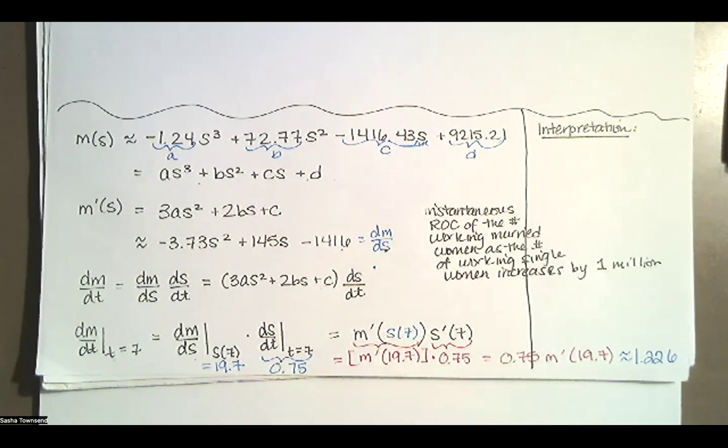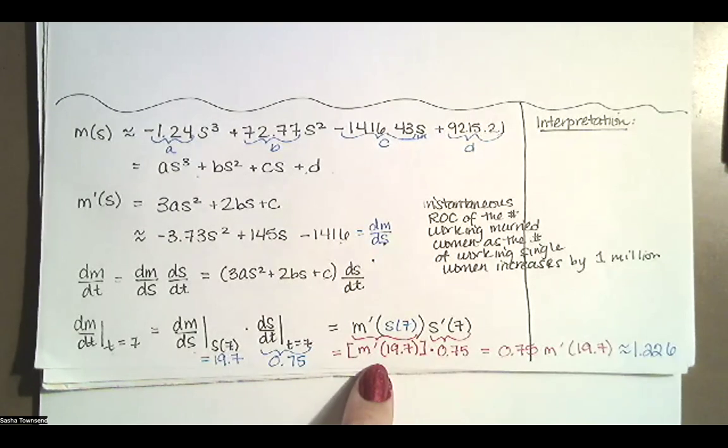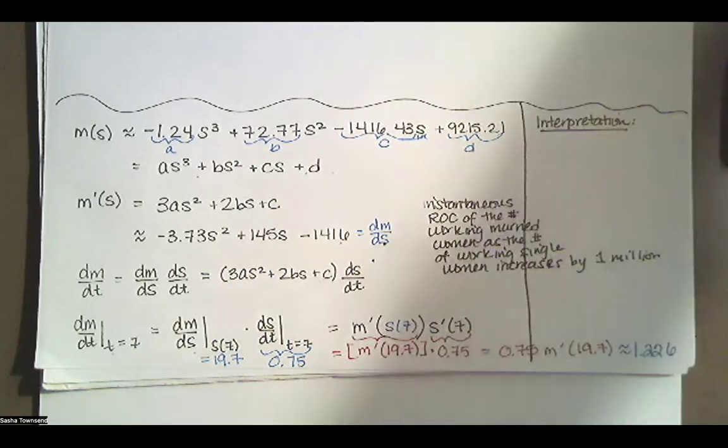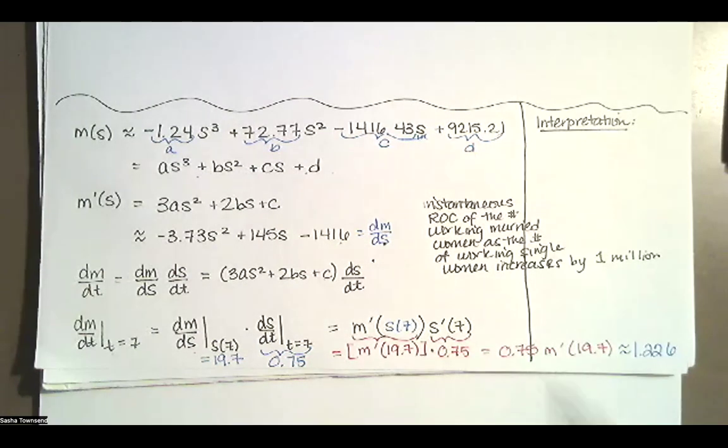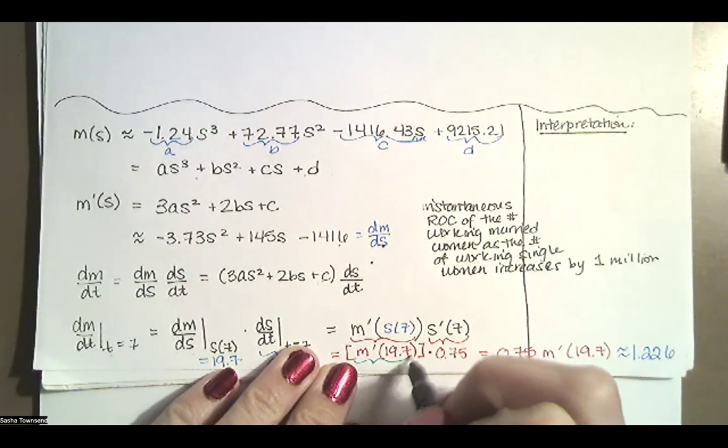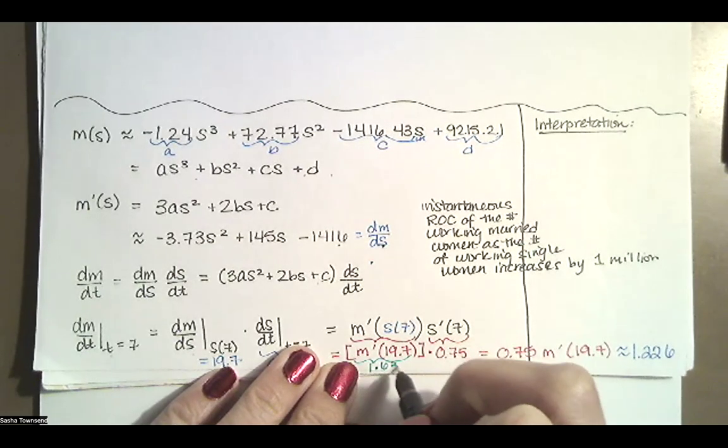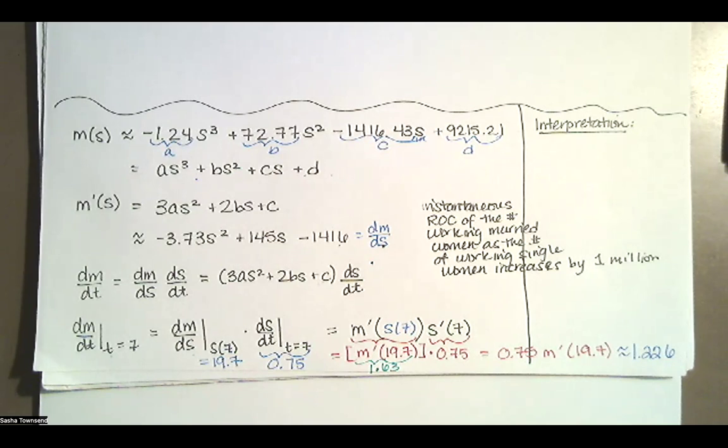Now, if we go back to our calculator on Desmos.com and we just evaluate our derivative at 19.7, we see that this value is approximately 1.63. So this number is 1.63, and you might say to yourself, well, what does that mean?